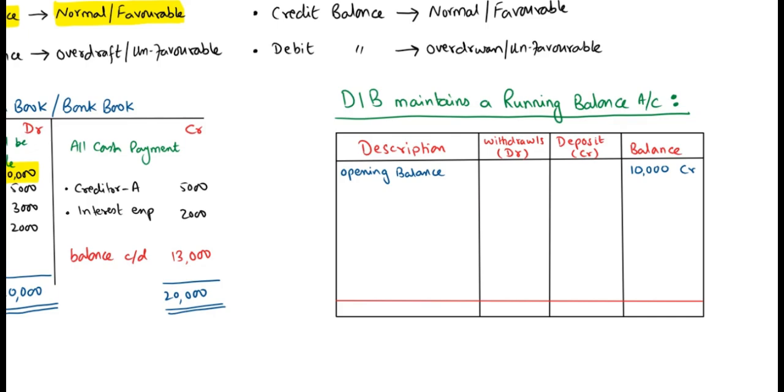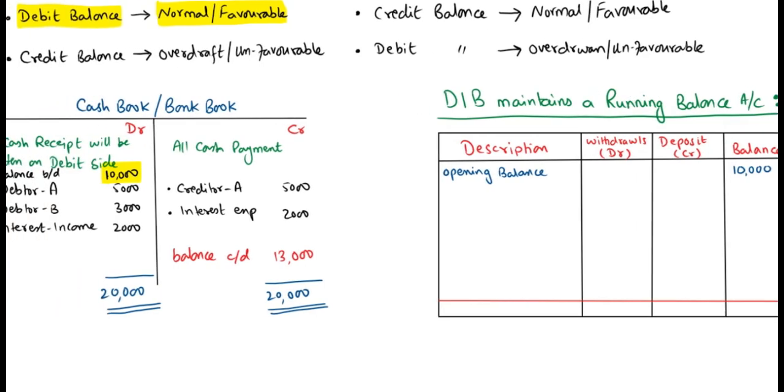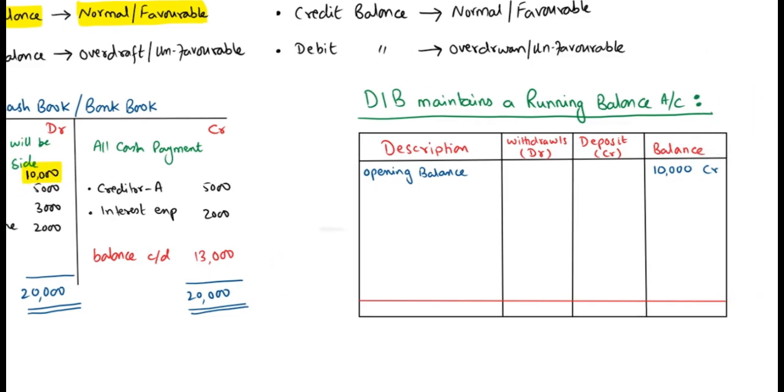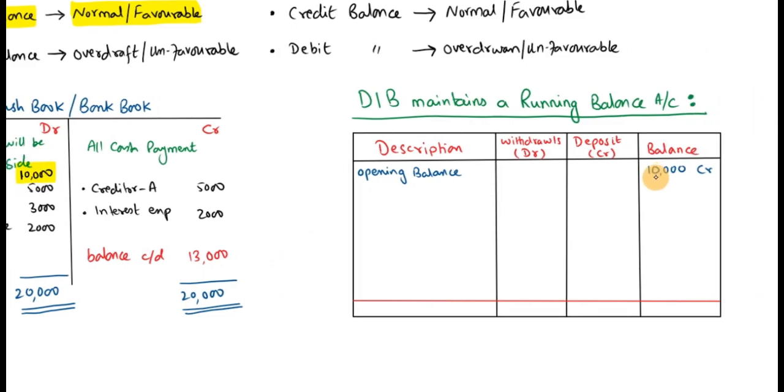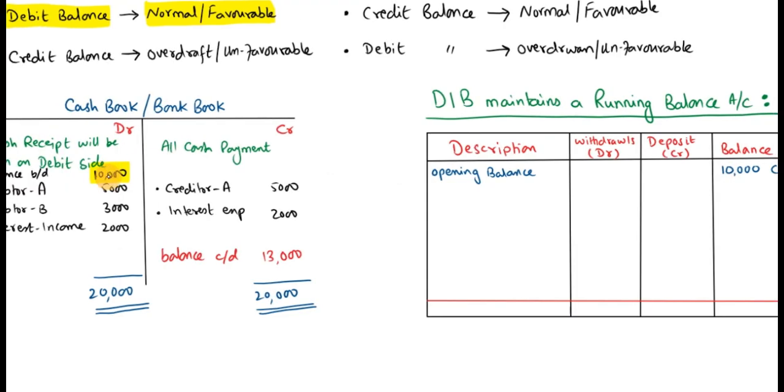Every movement in these two accounts will be matched. So in our cash book we have 10,000, and in our bank account we must also have 10,000.